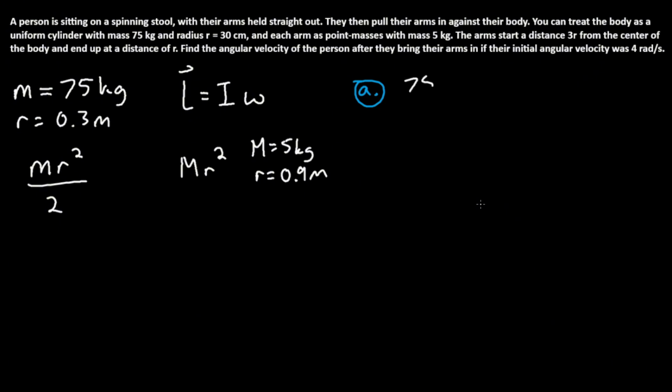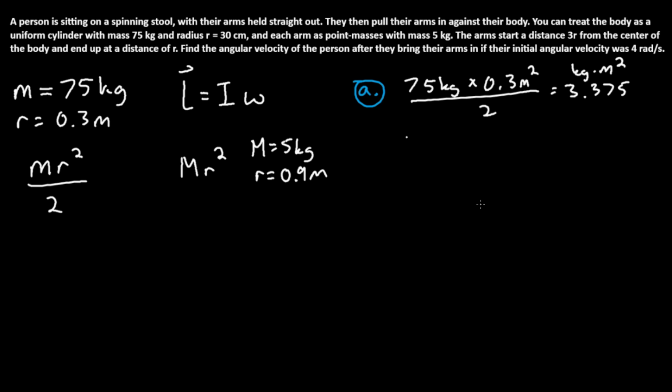So calculate the moment of inertia of the body, 75 kilos times 0.3 meters squared divided by 2. So the moment of inertia of this person's body is 3.375 kilogram meters squared. Okay, let's calculate the moment of inertia of the person's arms.